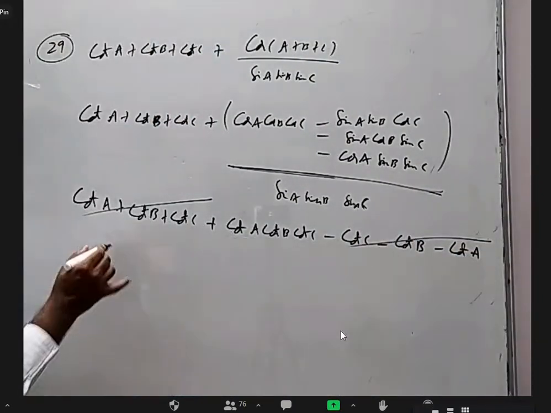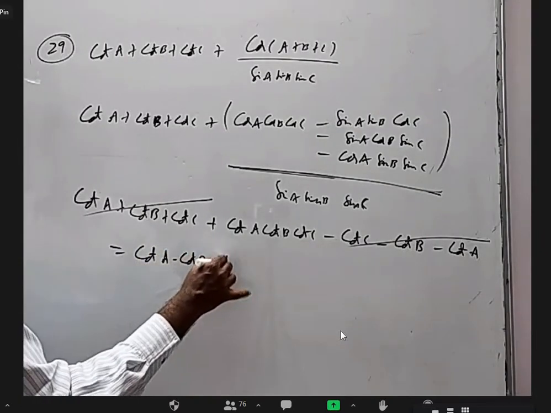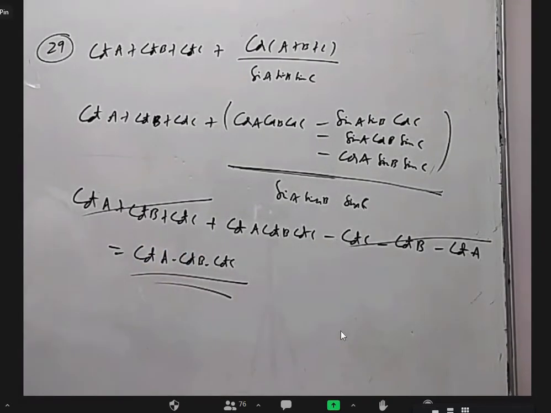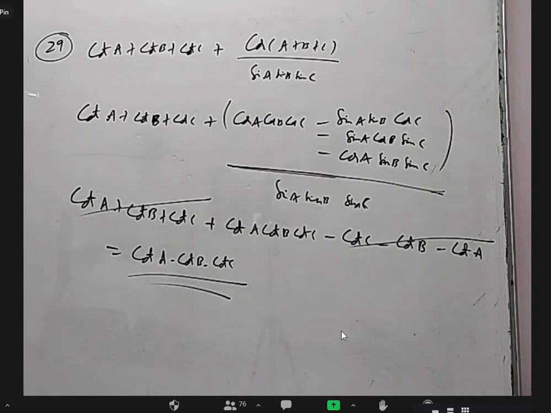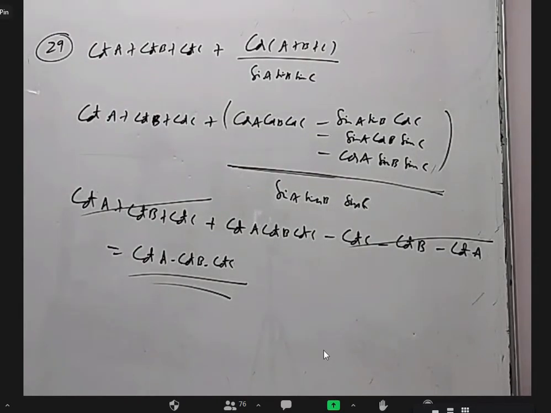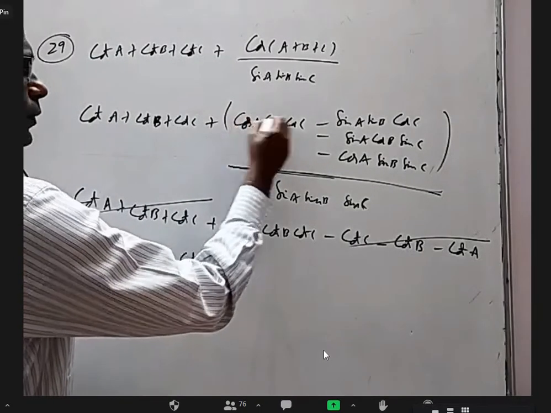We'll be left with only this, cot A into cot B into cot C.